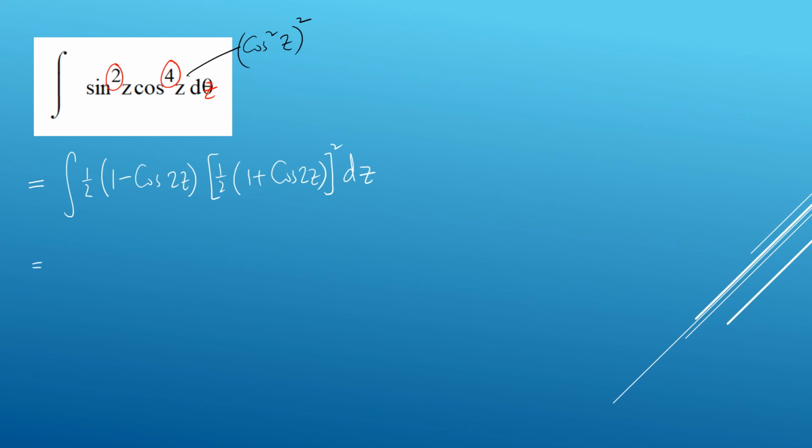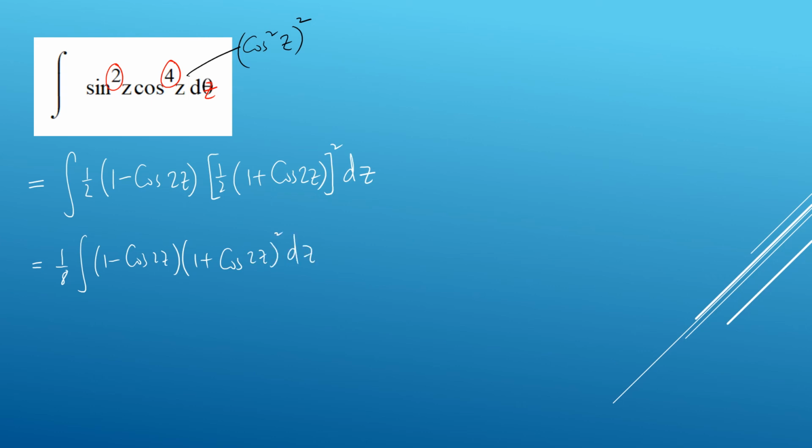So let us get rid of the constants inside the integral. 1/2 times 1/2 squared is 1 over 8. Then 1 minus cosine of 2z, times 1 plus cosine 2z quantity squared.